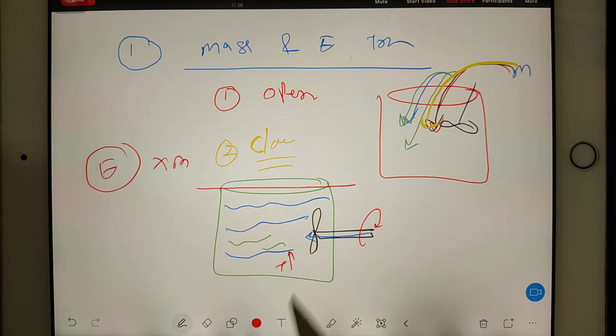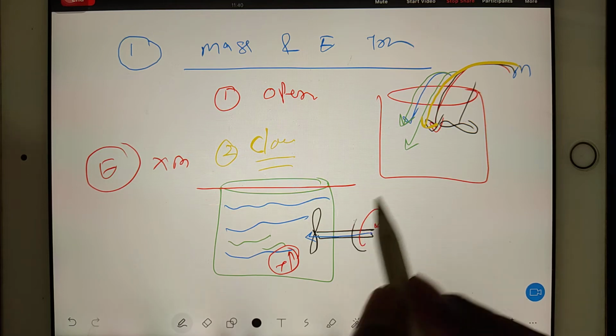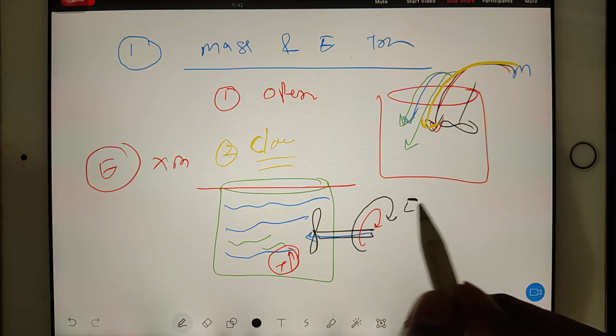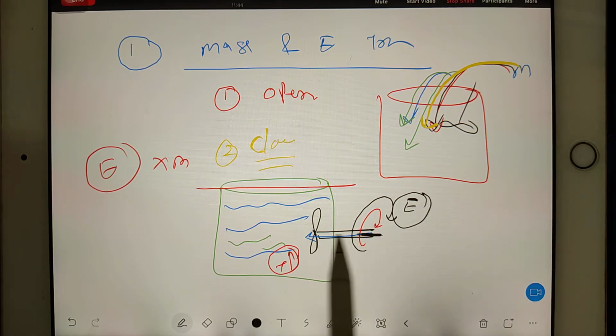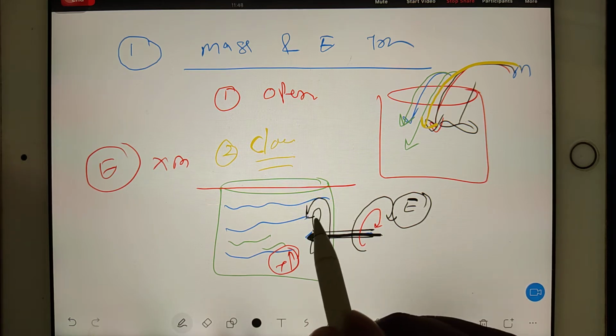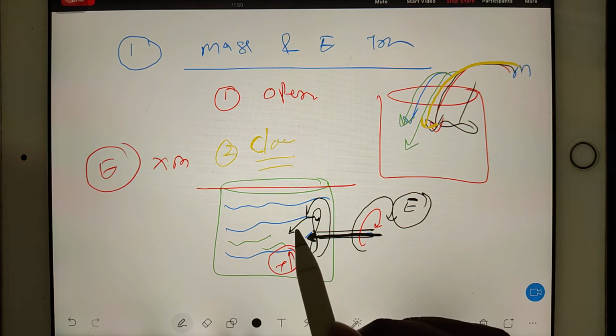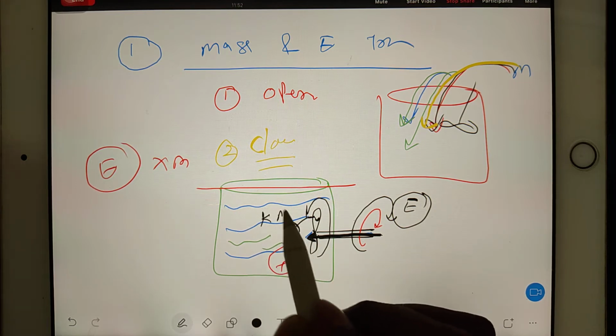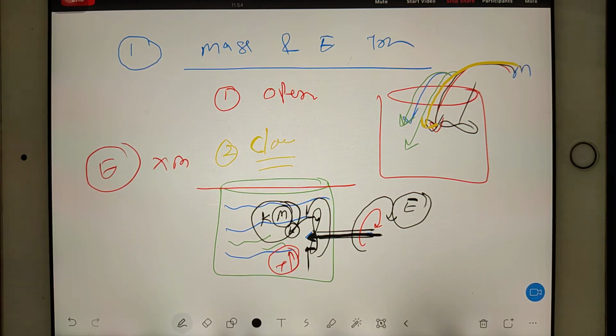Temperature will increase. How is temperature increasing? Because whatever energy we are supplying goes inside through the shaft, and then converts into rotational energy. That energy strikes the particles, and particles gain kinetic energy at molecular level, and because of that temperature is increasing, right? So that is a closed system.